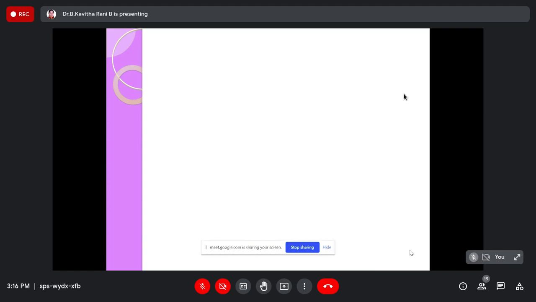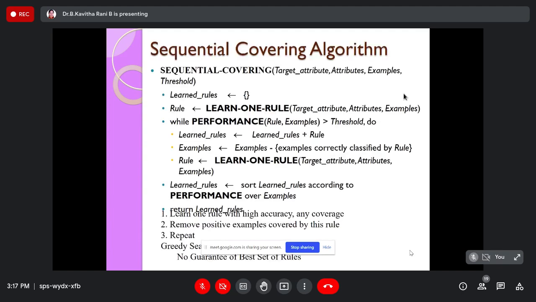If you deposit money as an FD, you get 5%. So these are the two rules you have. There is no connection, no need of having another rule. So this is disjunctive. In this way, we will frame different types of rules. So mainly in sequential covering algorithm, we will be using disjunctive rules.